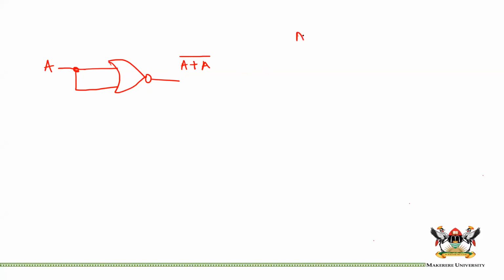What is A or A, by the way? A or A is A. Yes, thank you guys. A or A is A, and so you would have A inverse.